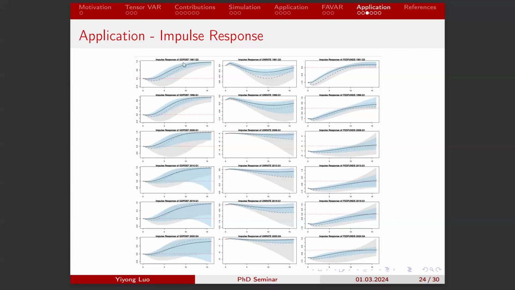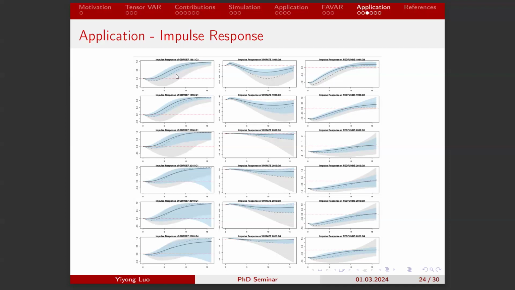You can see for inflation, we have a thing called the price puzzle, meaning that if you have an expansionary monetary policy, the curve would increase at the first period and directly increase its value, not like the dashed one, which will further decrease and then increase again.